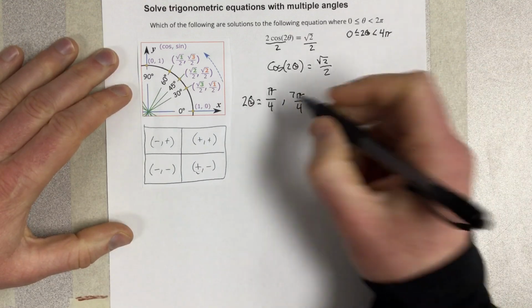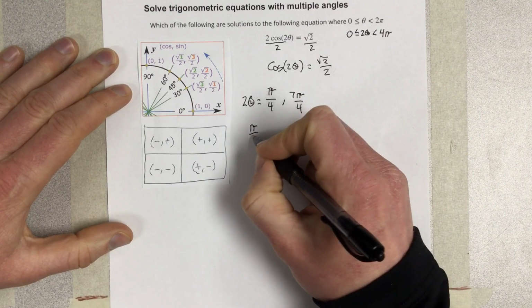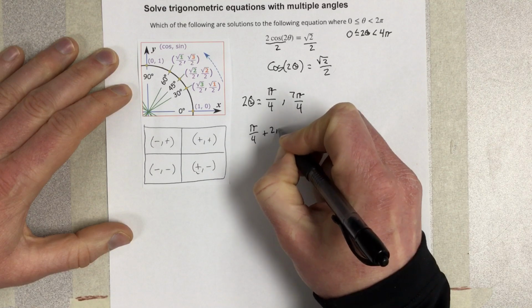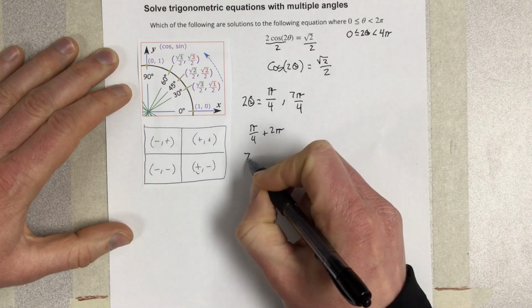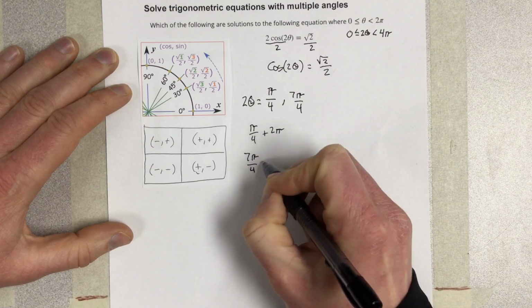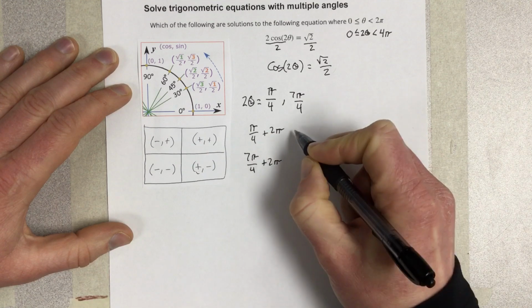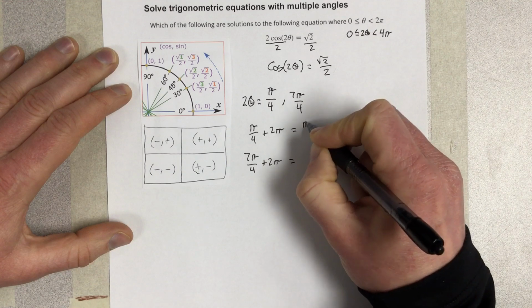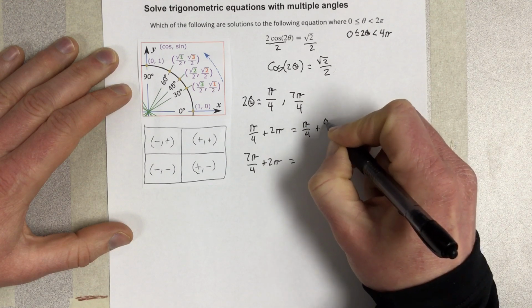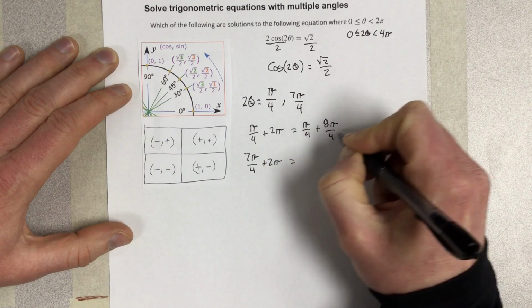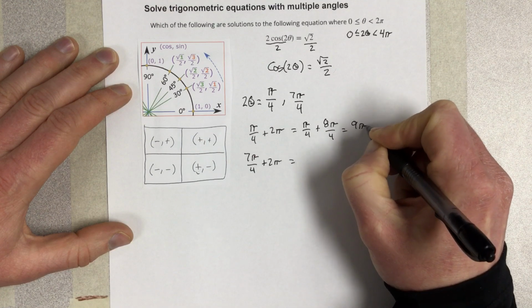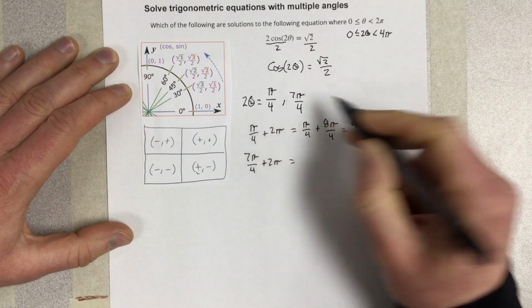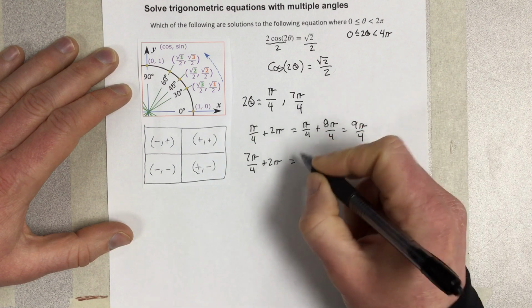Let's add 2 pi. So I'm going to say pi over 4 plus 2 pi. And I'm going to take 7 pi over 4, and I'm going to add 2 pi as well. And when I do that, this would be pi over 4 plus 8 pi over 4, which is 9 pi over 4. So I got a coterminal angle with pi over 4, but just on the second revolution.